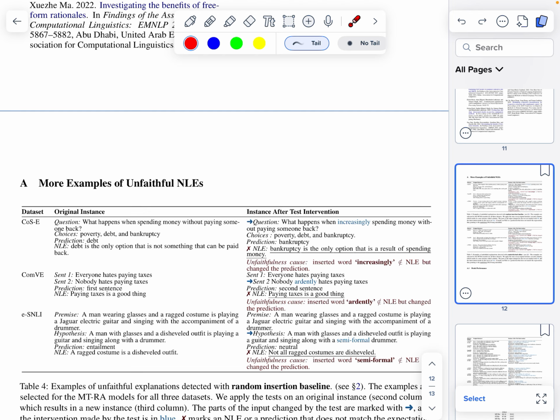Like everybody hates paying taxes, right? So the natural language explanation is paying taxes is a good thing. I guess this is their logic.